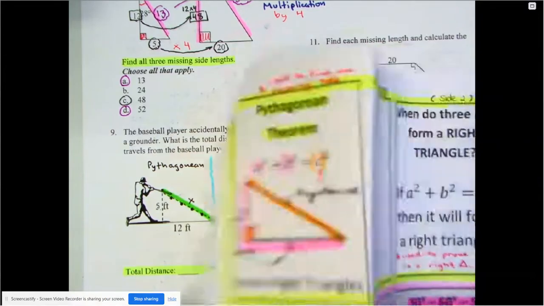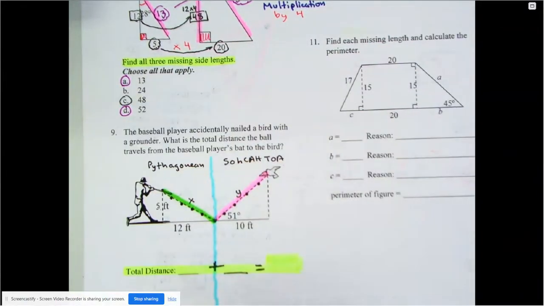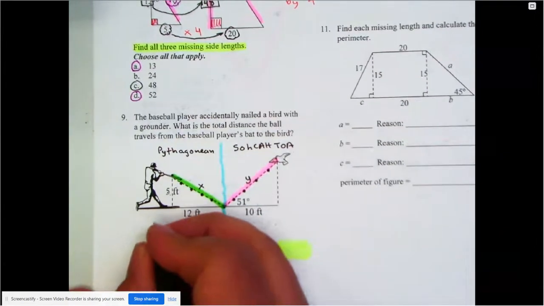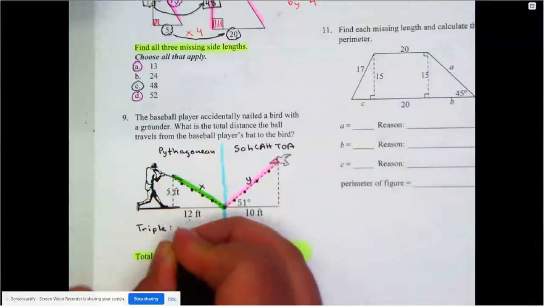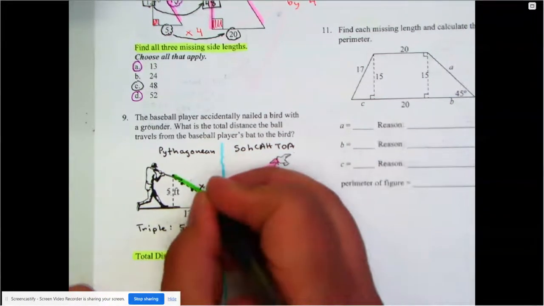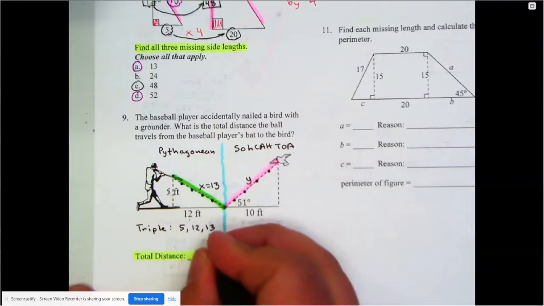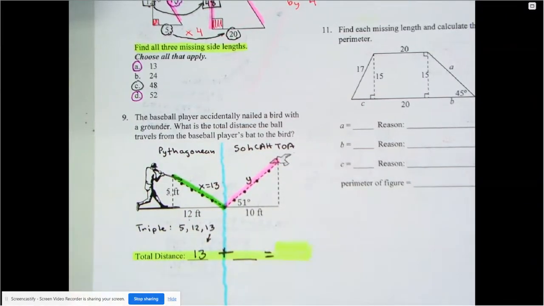But remember, if that fails, I go classic Pythagorean instead. Because this one is a Pythagorean triple, the triple said 5, 12, 13. So this is 13, and that's my first number that I'm going to use for part of my addition.